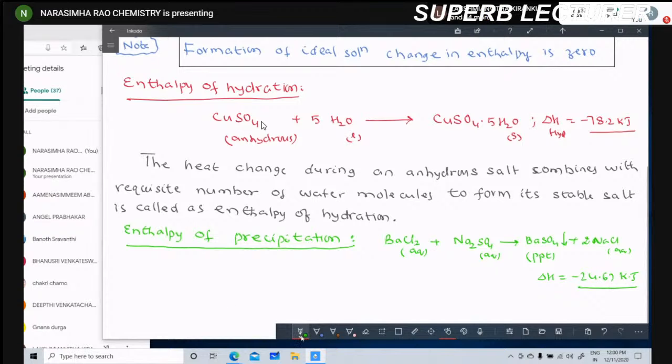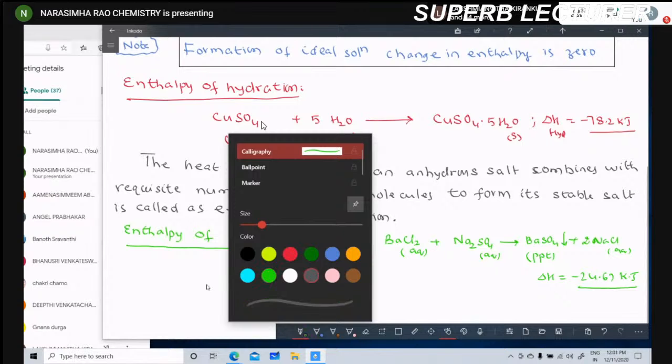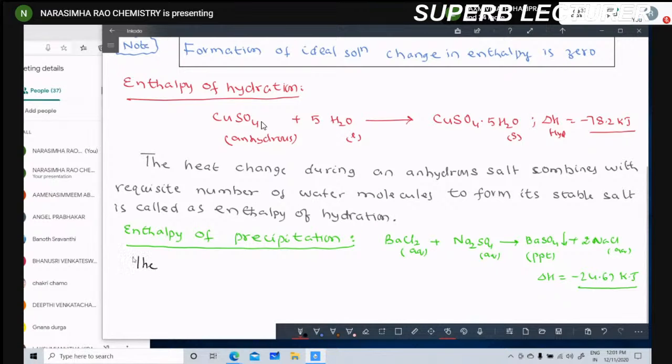Tell me: the heat change during formation of 1 mole of precipitate.